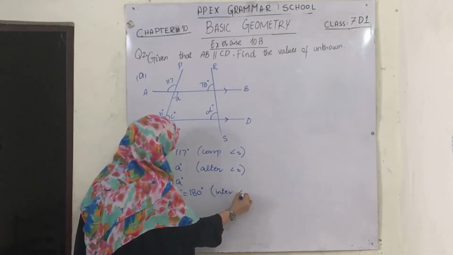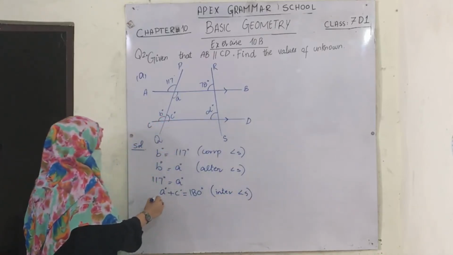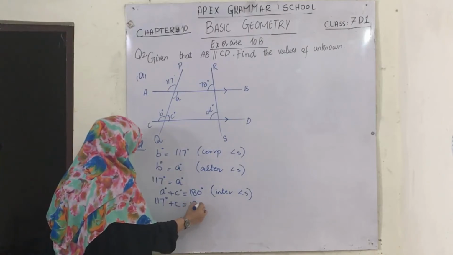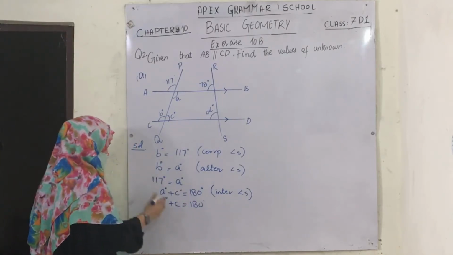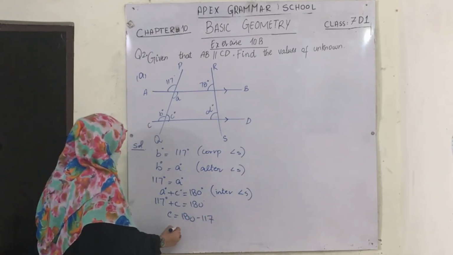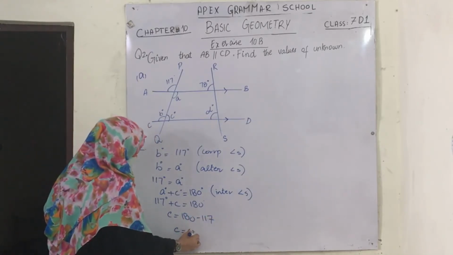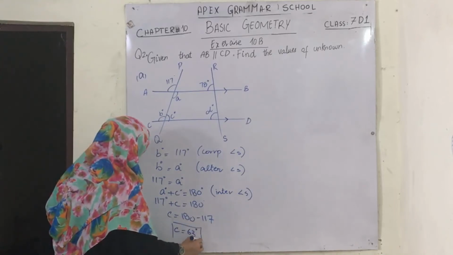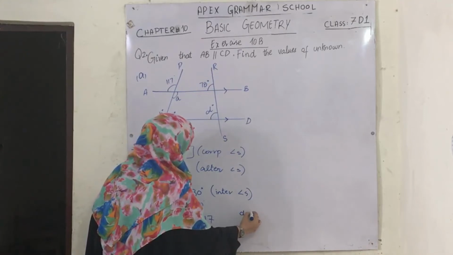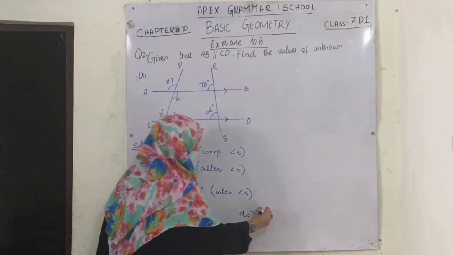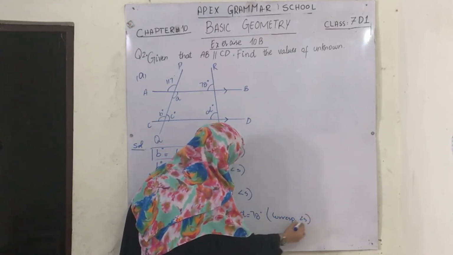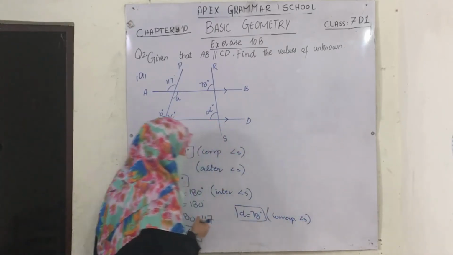So the value of A, 117, plus C is equal to 180 degrees. 117 is being added on one side of the equation, so on the other side it will be subtracted. After subtraction, the value of C comes to be 63 degrees. The value of D is 78 degrees because these are corresponding angles. So all the values are here.